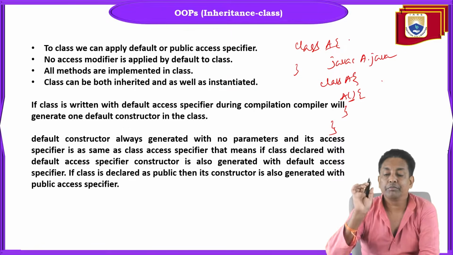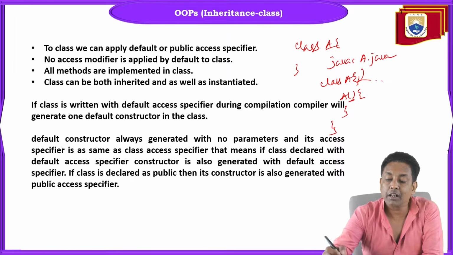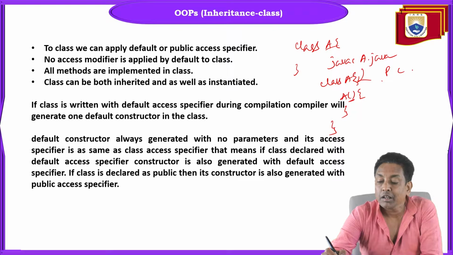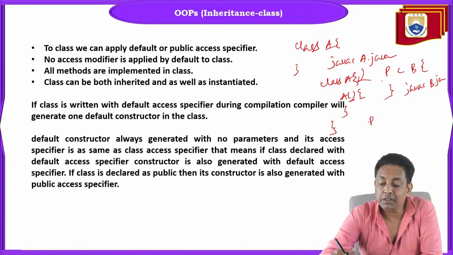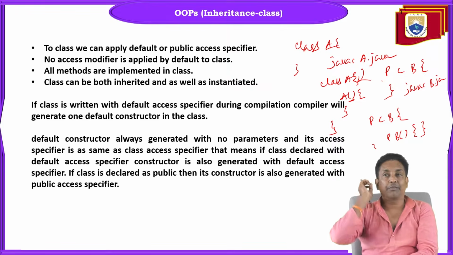During compilation time, automatically it will happen like this. Suppose you write public class B and compile with javac B.java, what happens? In the public class B, with the public access specifier, one no-parameter constructor is generated by default in class B.